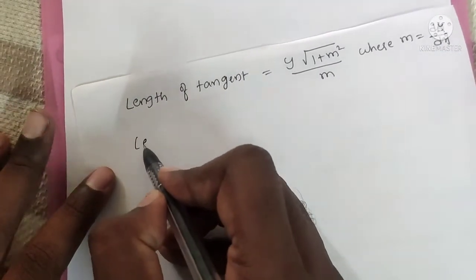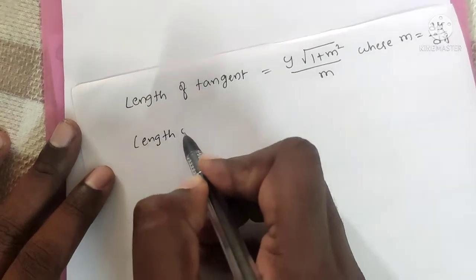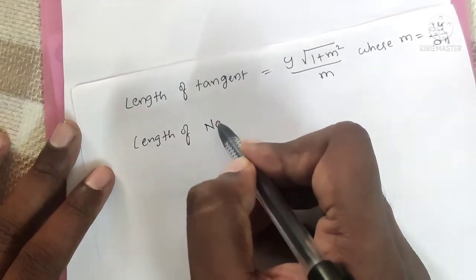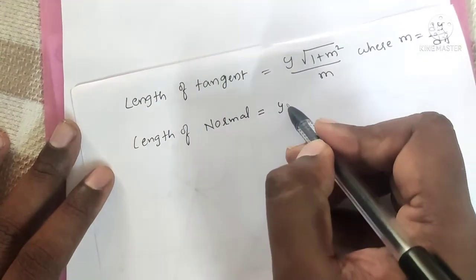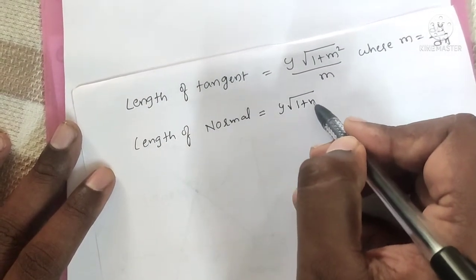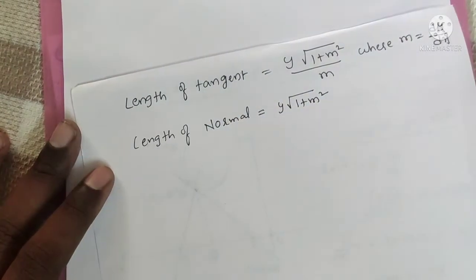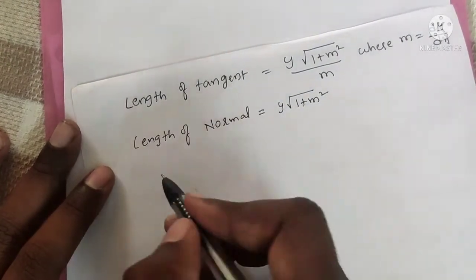Next, length of normal. In JEE also these four formulas are important. The formula is y into under root of 1 plus m square, where m is equal to dy by dx.